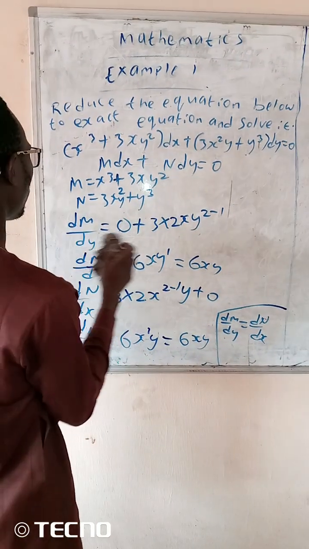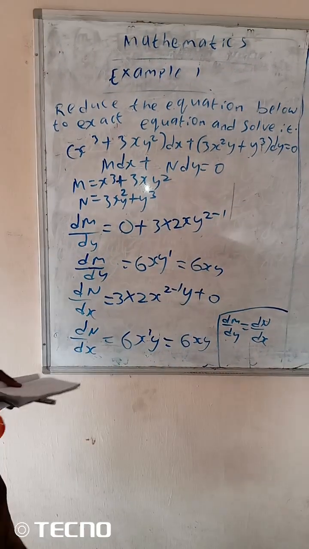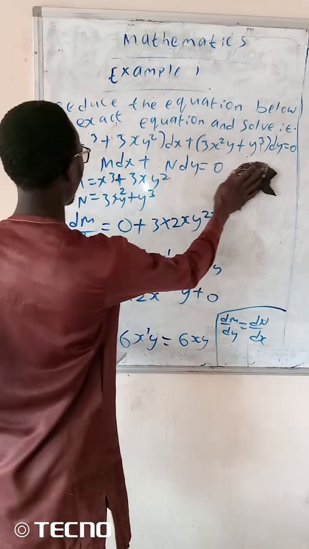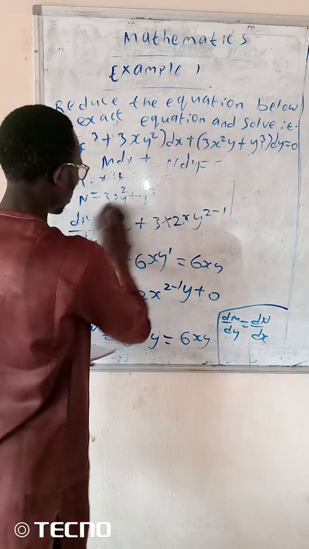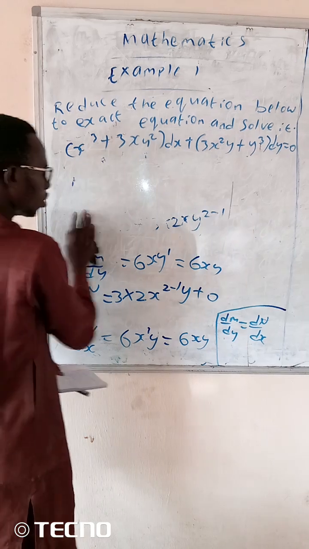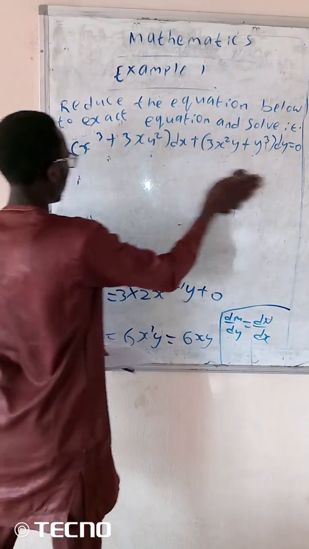We are going to integrate them with respect to x and with respect to y. So we're going to go right ahead to do that, to integrate it. I'm going to integrate it right away.